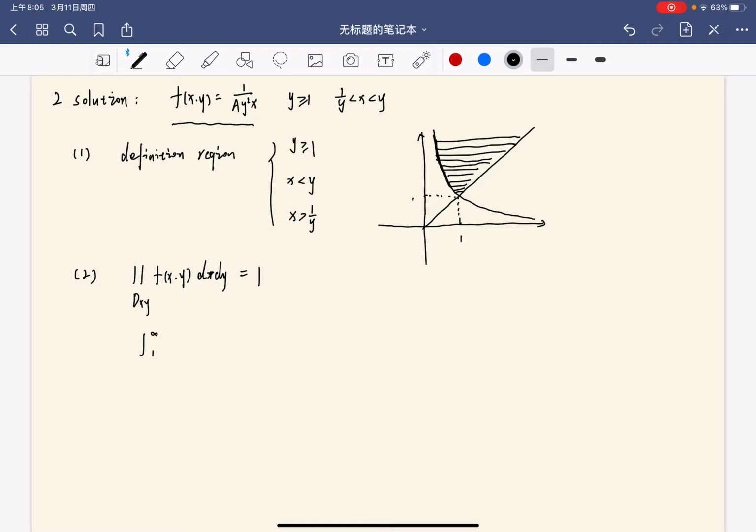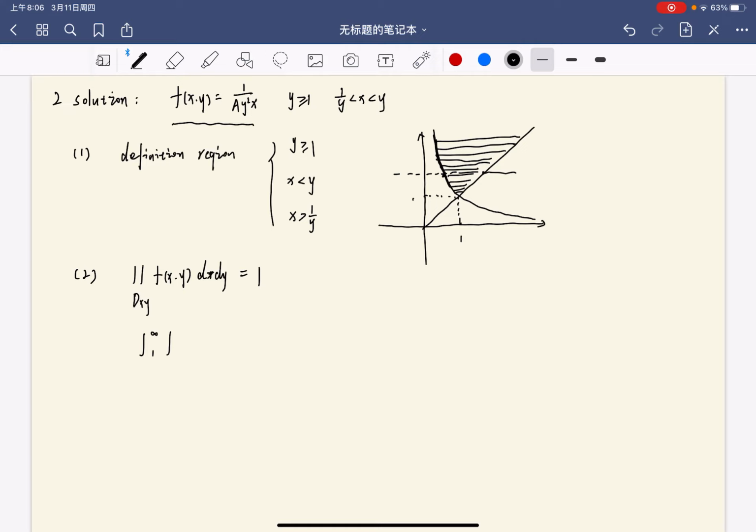If we draw a line, it will first have a point with x equals 1 divided by y, and then it will have a point with the line x equals y.